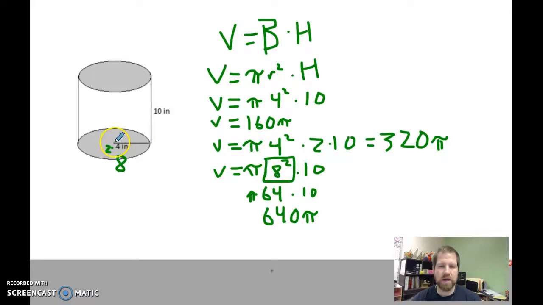Squaring it is kind of saying, well, it's this dimension times this dimension, right? And that makes sense because that's what gives us our area. Okay, so when I square my radius, when I increase the size of my radius, it's actually increasing both the length and the width of my base. So that's why my volume is increasing by 4.